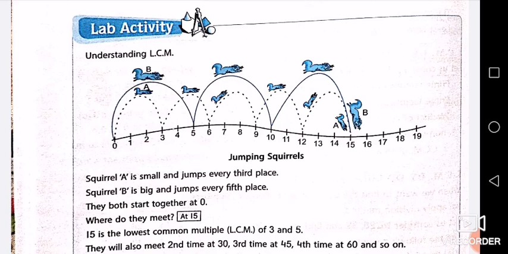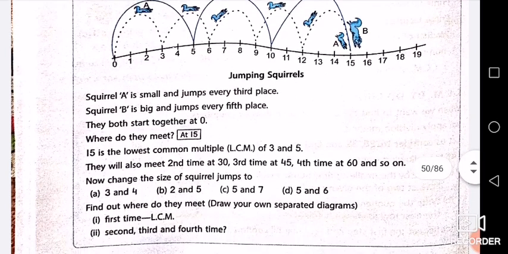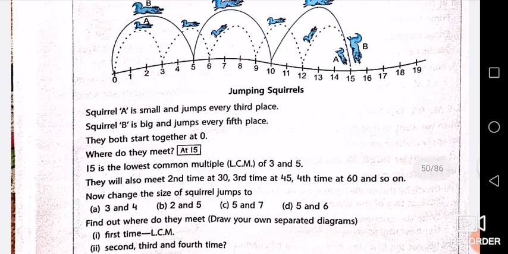Now if you will change the size of the squirrel jump, that is 3 and 4, instead of 3 and 5, we will change it into 3 and 4. That one squirrel A will jump every third place and squirrel B will jump every fourth place.